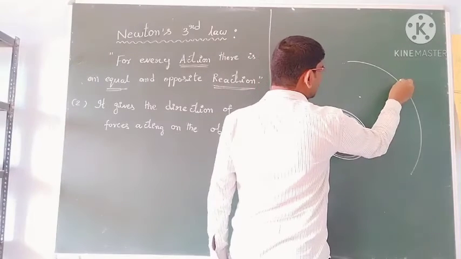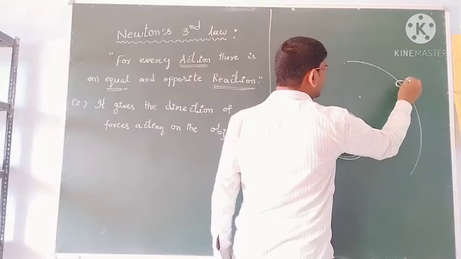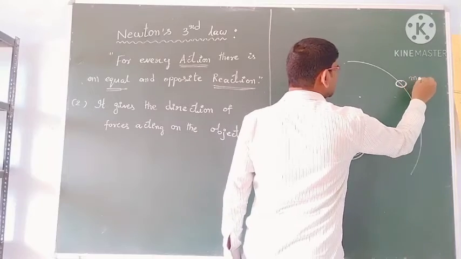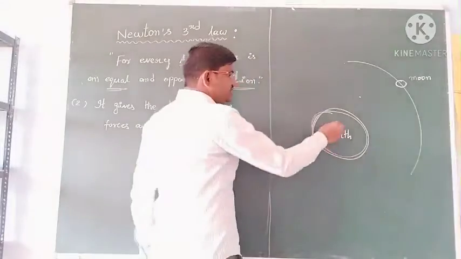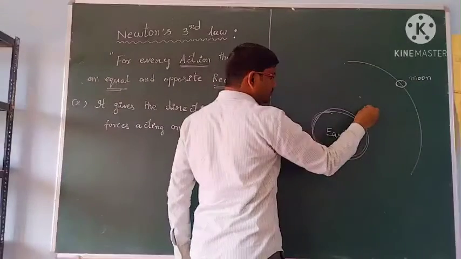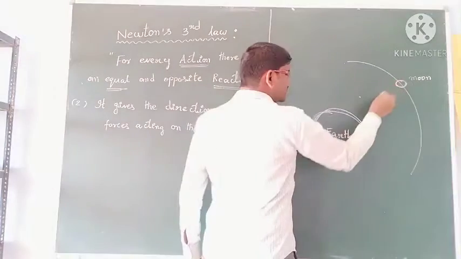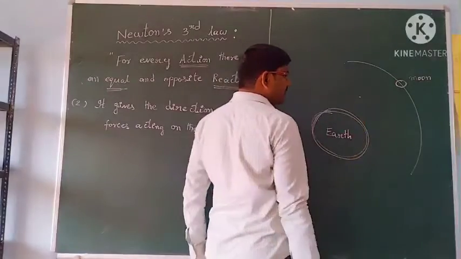So the moon is revolving around the earth, which means the earth is attracting the moon.